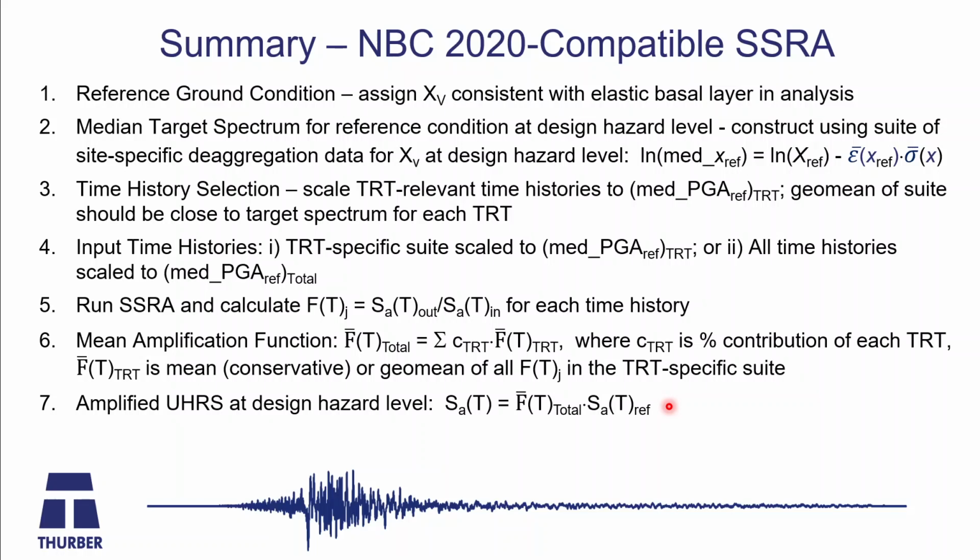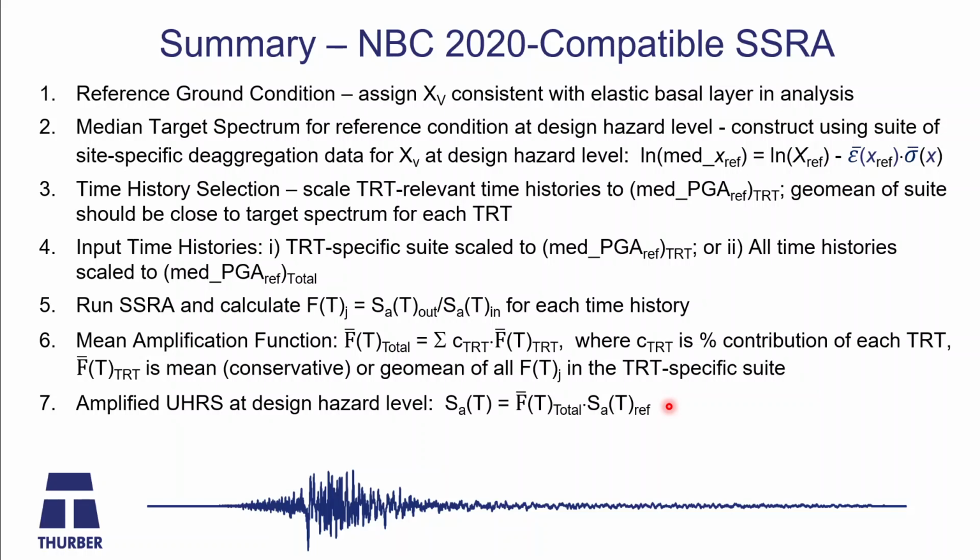To do an SSRA compatible with NBC 2020, my recommendation moving forward is that you assign your reference ground condition, just like what we did before. We're going to develop a median target spectrum for that reference ground condition at the design hazard level that you're designing for, 2% in 50 years or 5% or 10%, whatever the specified hazard level.